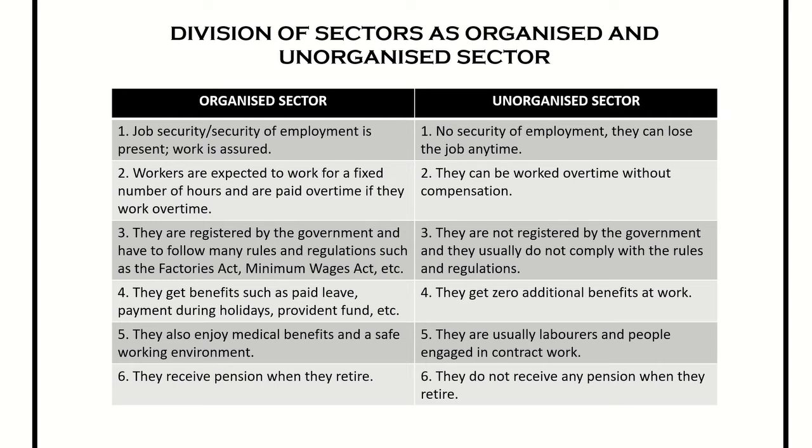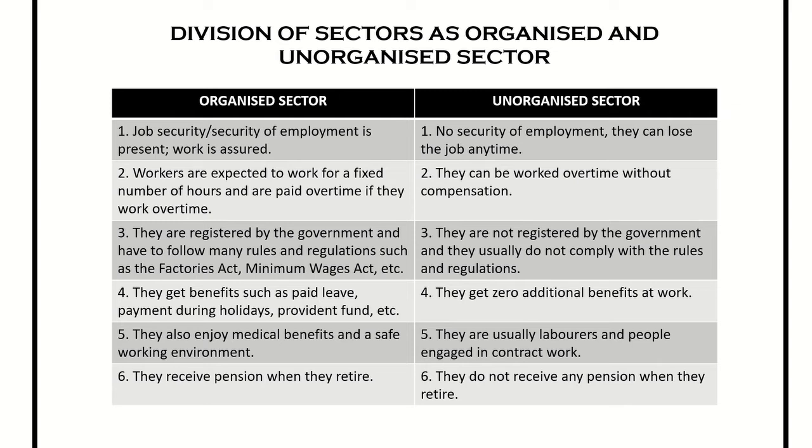Third point is they are registered by the government and have to follow many rules and regulations such as the Factories Act, Minimum Wages Act, etc. But in the unorganized sector, they are not registered by the government and they usually do not comply with the rules and regulations. In the organized sector, they get benefits such as paid leave, payment during holidays, provident fund, etc. But in the unorganized sector, they get zero additional benefits at work.